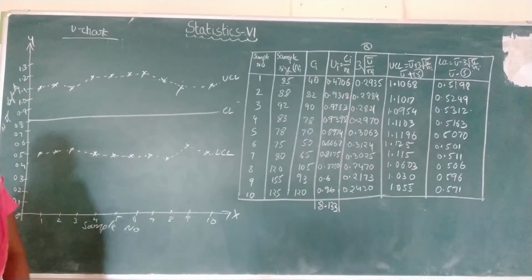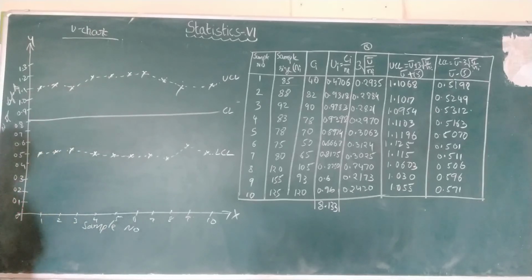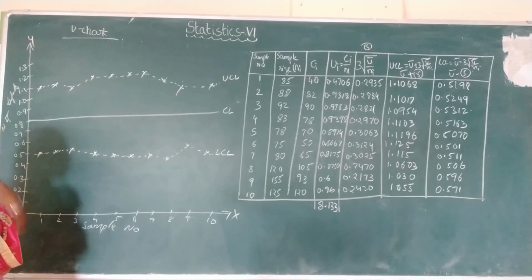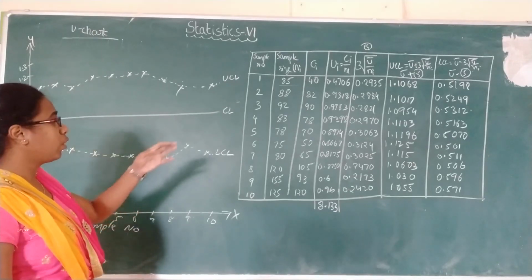So after plotting the UCLs, CL and LCLs, next you have to plot the Ui values. So be careful by plotting Ui values.